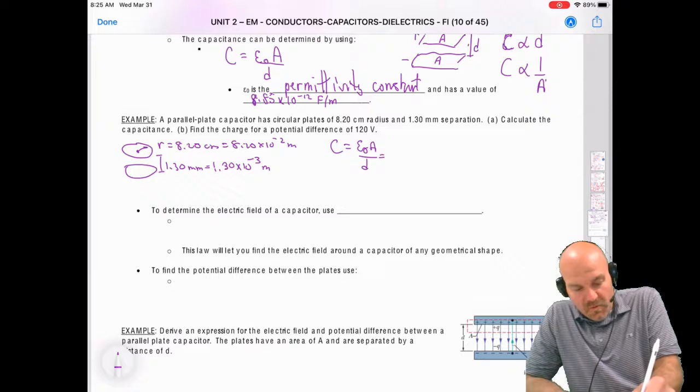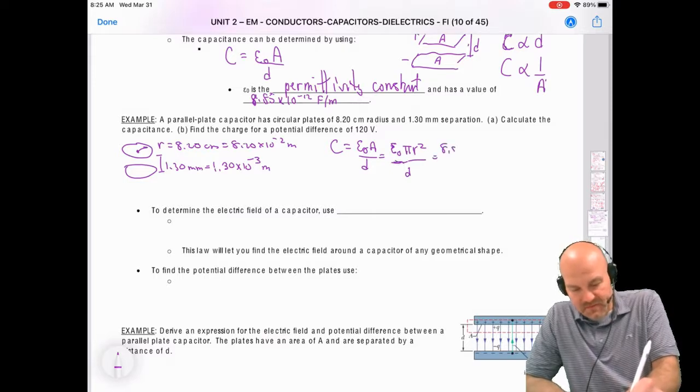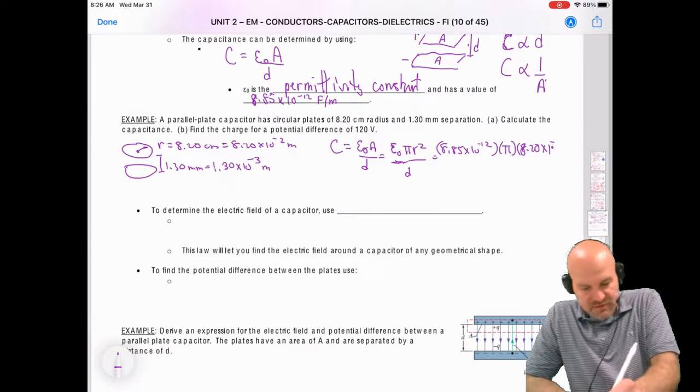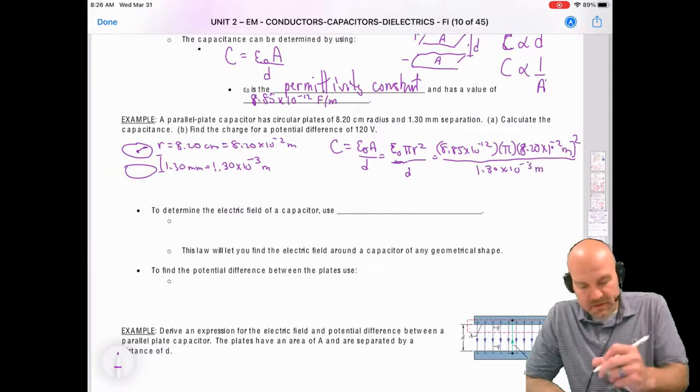And so we just use our C equals epsilon naught A over d. We're going to use epsilon naught times pi r squared, because it's the area of a circle, divided by the distance. So it's going to be 8.85 times 10 to the negative 12th times pi times the radius, 8.20 times 10 to the negative 2 meters squared, over 1.30 times 10 to the negative 3 meters.